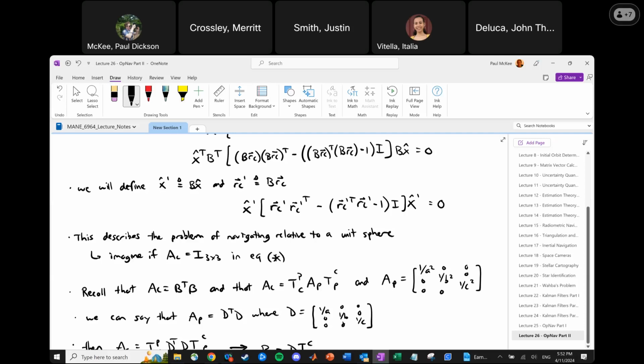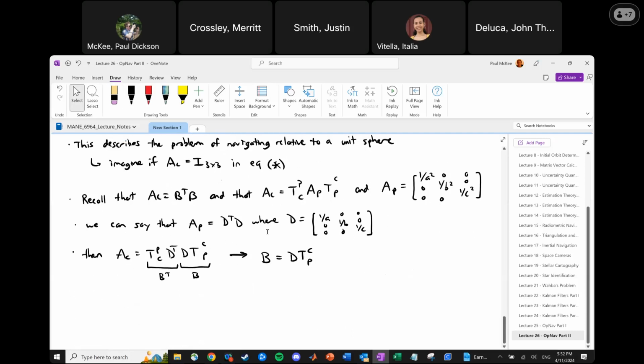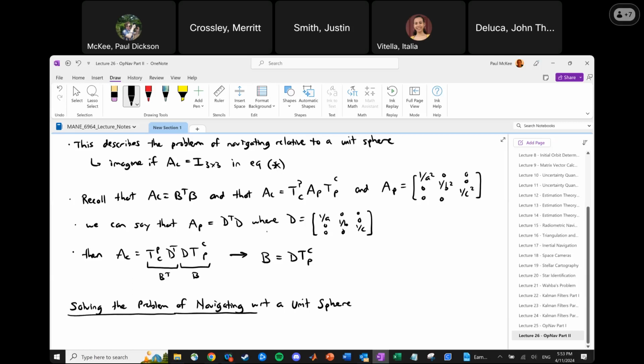All right. So we've set up the problem. Now we're solving the problem of navigating with respect to a unit sphere. All right, this is a long section title here.